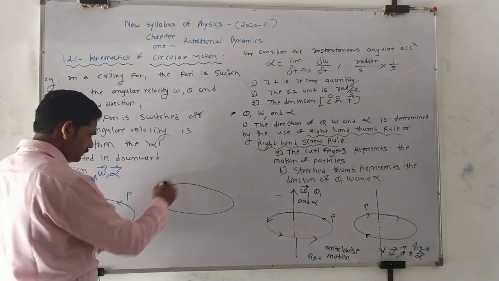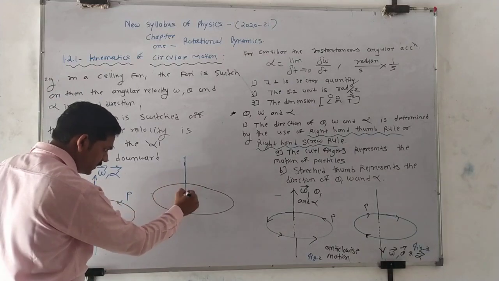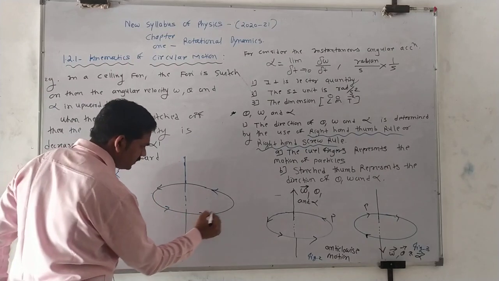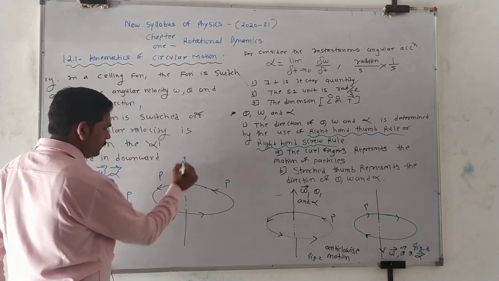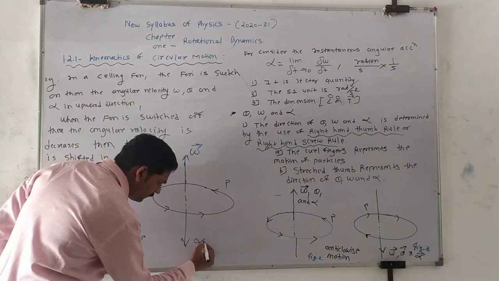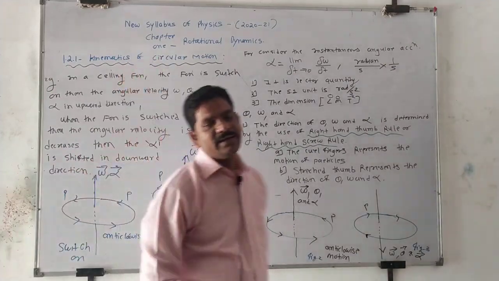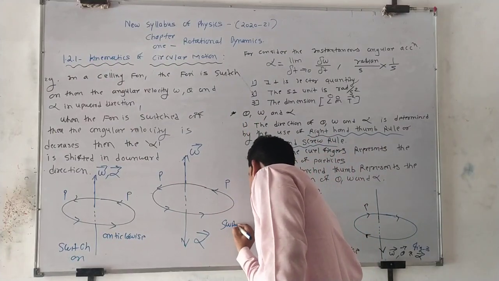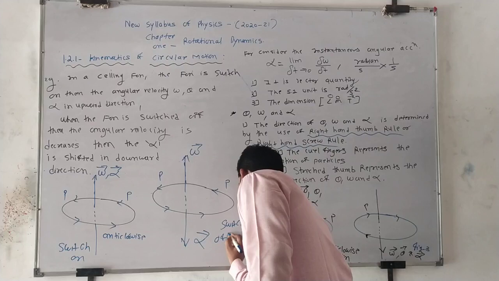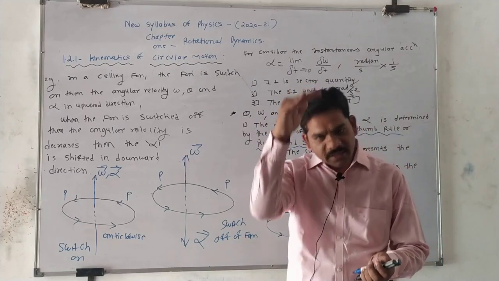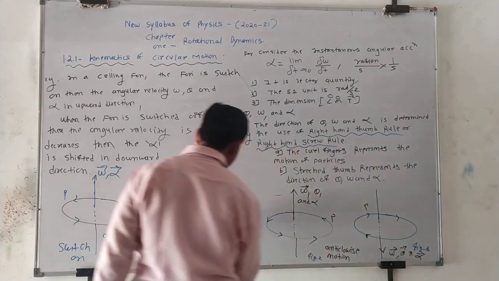See here, this is the axis. We know that the particle motion is anti-clockwise, and omega is upward, but at that time alpha should be in the downward direction. This is the figure of the switched-off fan. It means not directly switching off but decreasing the speed, so there will be retardation.